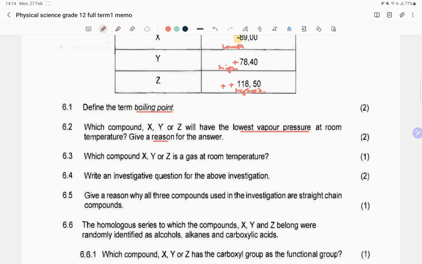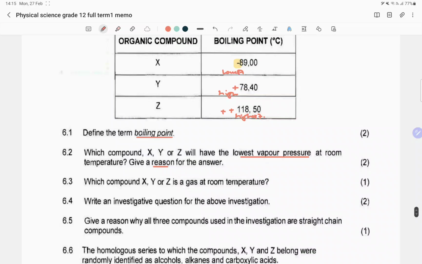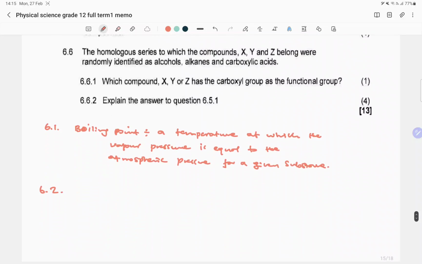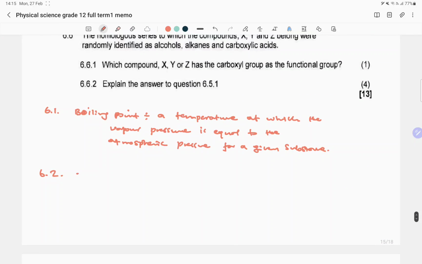So now they are closer together in the one with the highest boiling point, because it takes a lot more energy to separate molecules into gas particles so that they can form a vapor. So the one with the highest boiling point is the one with the lowest vapor pressure at room temperature. So we can say Z.